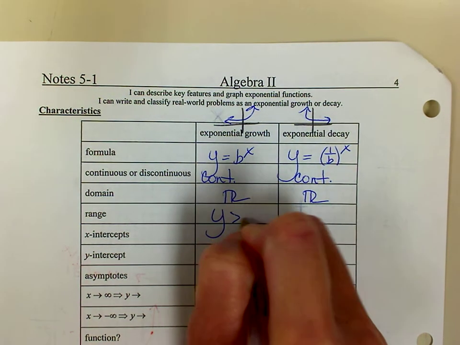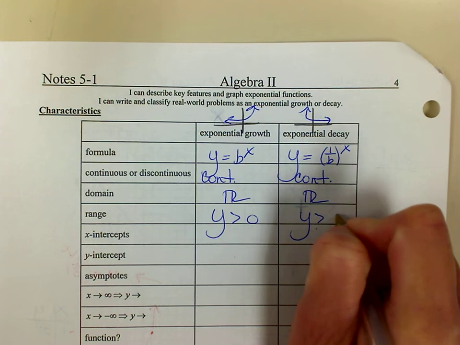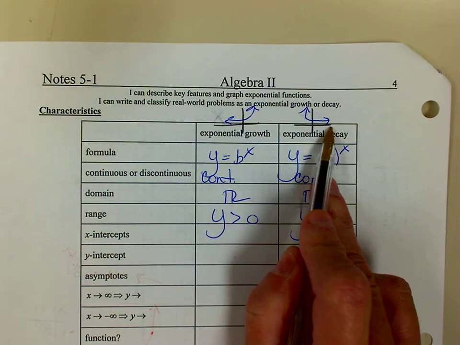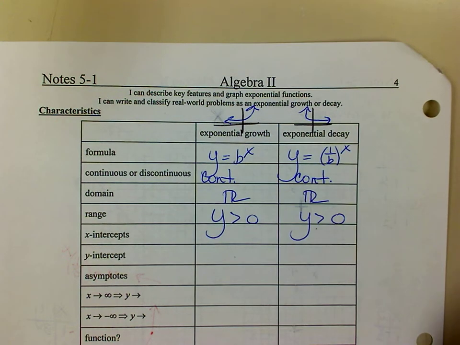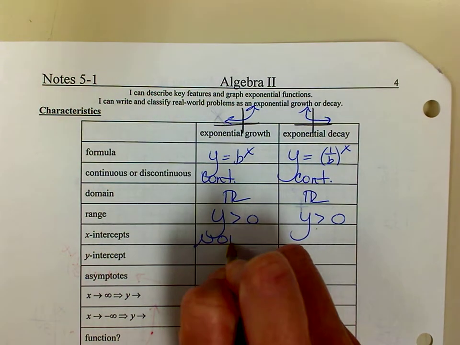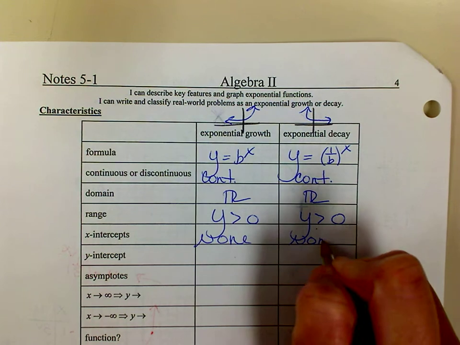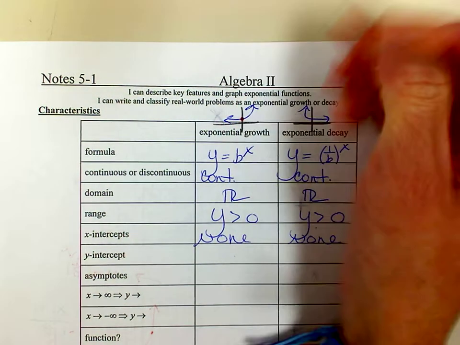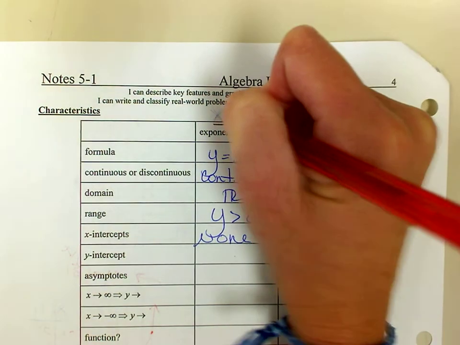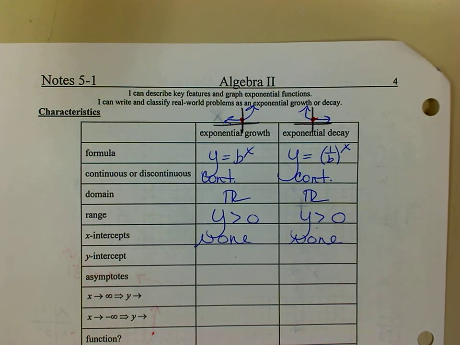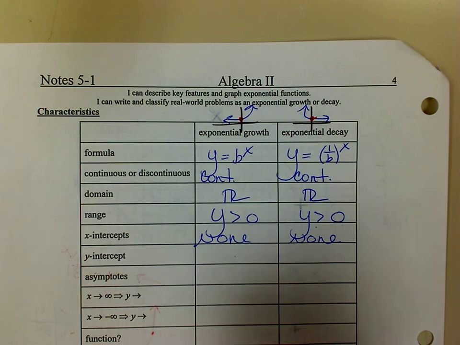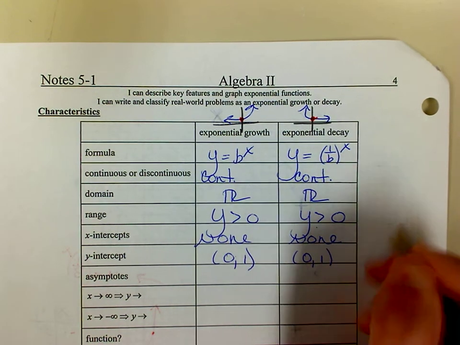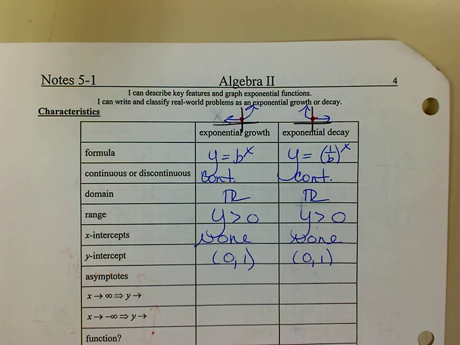So y is greater than 0 on both of these. Okay, well here's the x-axis. Neither one of them touch or cross the x-axis, so there are not any x-intercepts. But I am going to have a y-intercept. If you're not moving your graph up, down, left, or right, the y-intercept's always going to be 0, 1. If you recall, that's always going to be in our table, 0, 1.